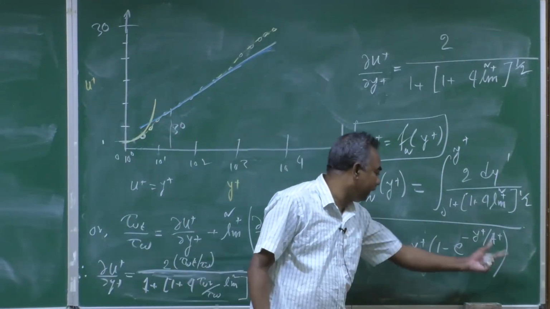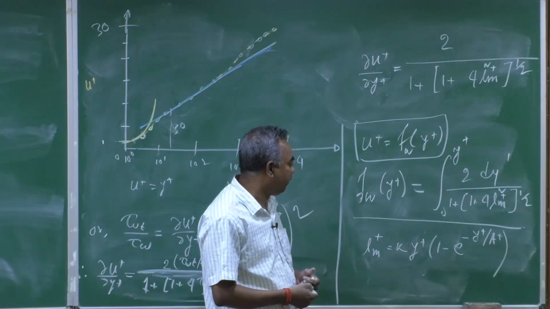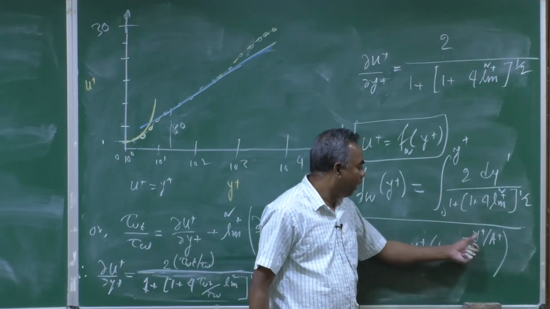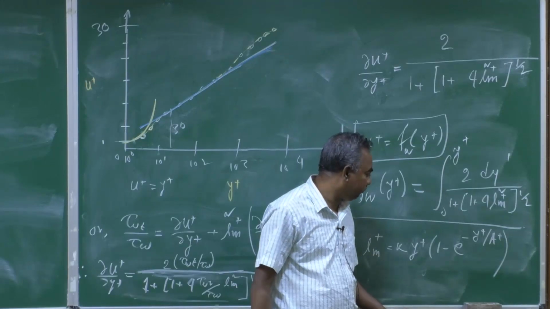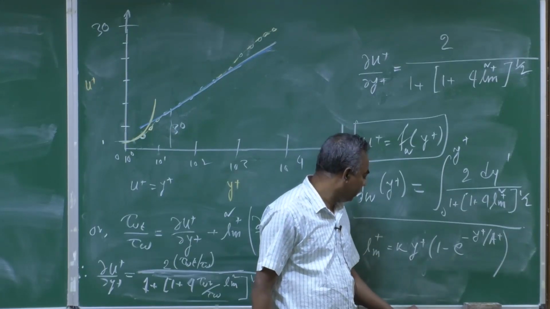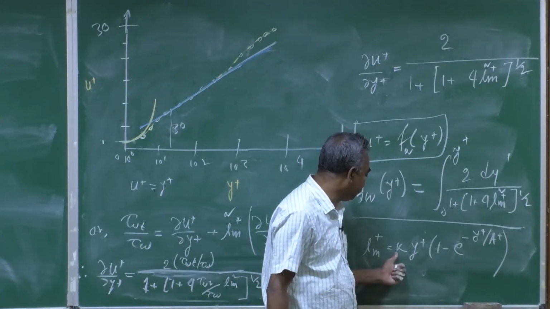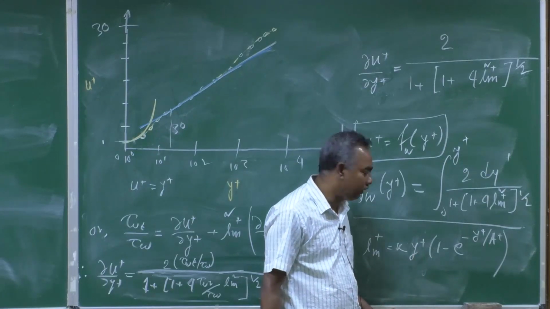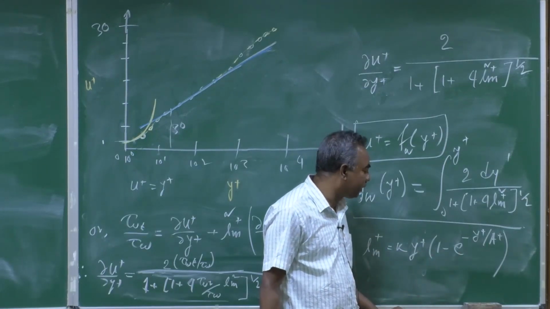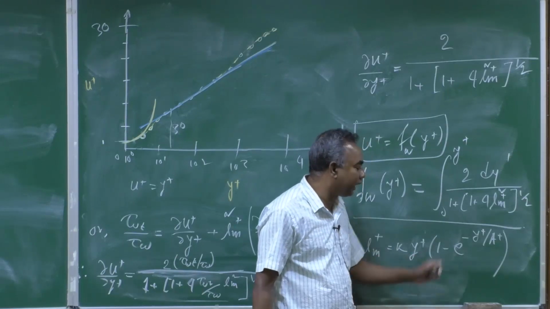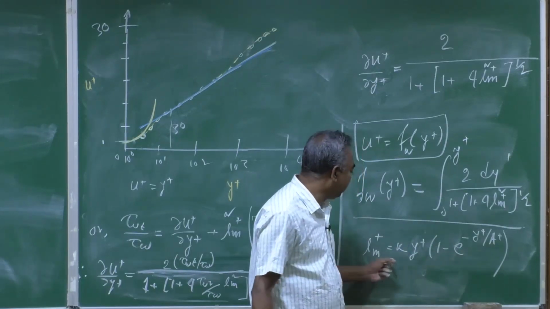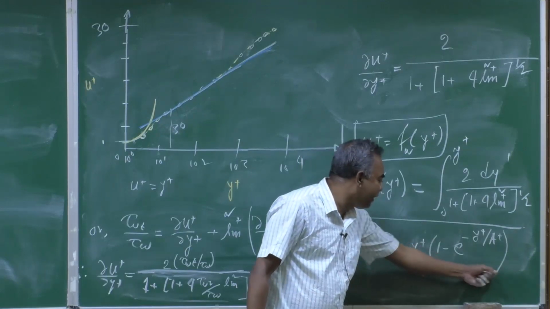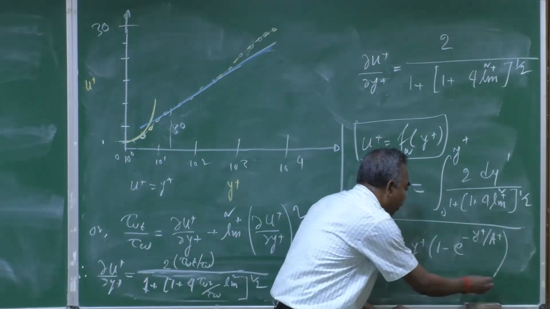So, see what is going to happen. When your y plus value is large, then Lm plus is going to come as kappa y plus itself. But when y plus value is small, this is not the case, and Lm plus is going to be damped by the introduction of this function.